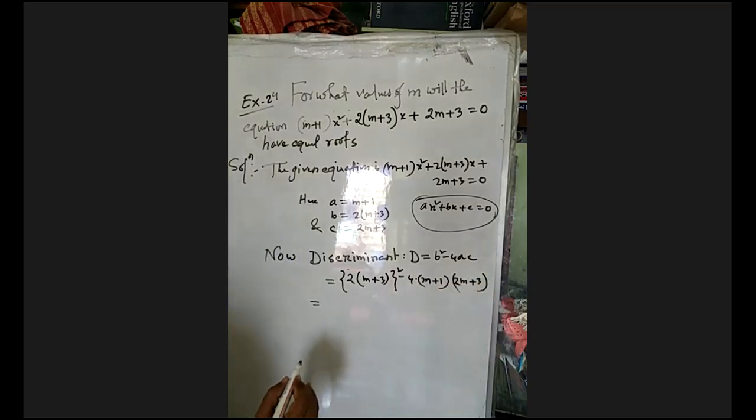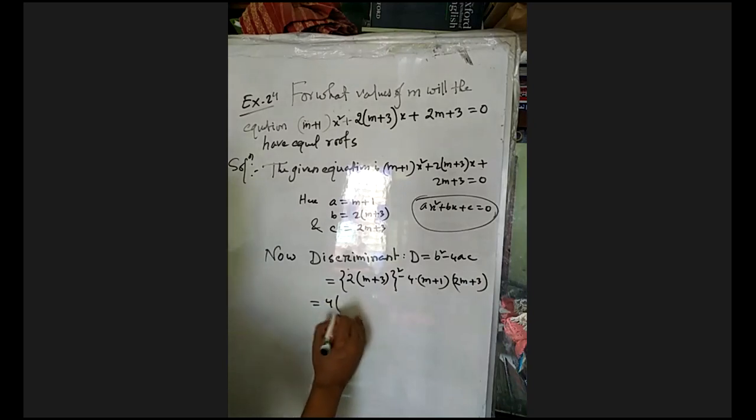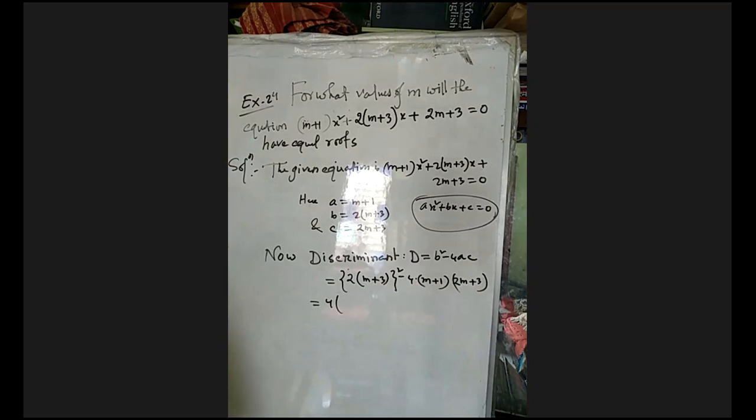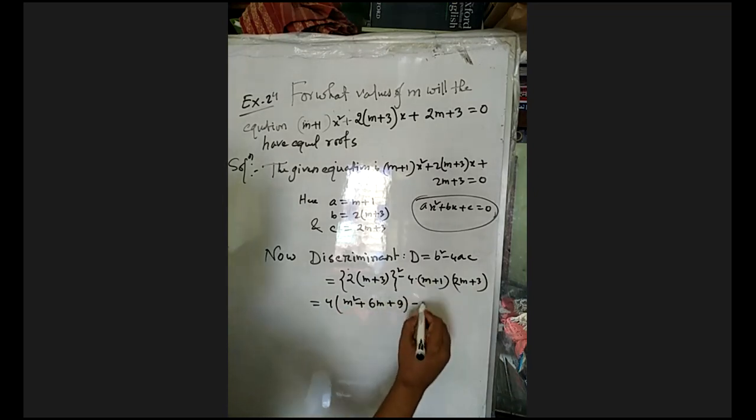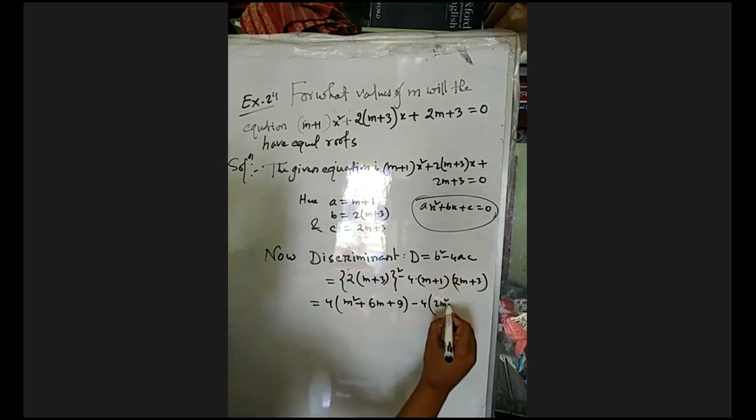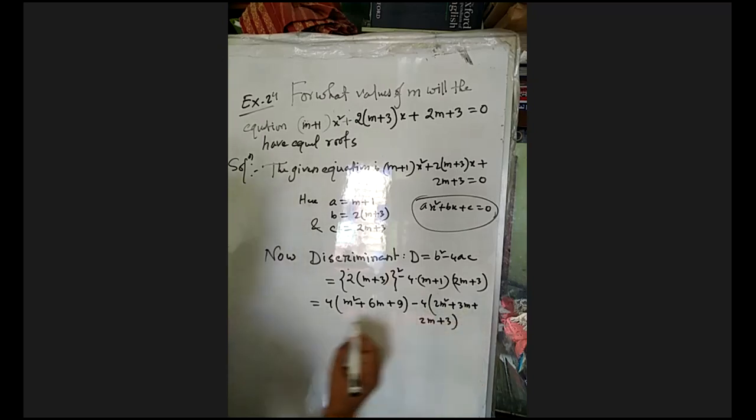Now after simplifying this, we can write: (m + 3) whole square means the (a + b) whole square formula, m² + 6m + 9. Now multiplying with this, what will be 2m² + 5m + 3, times 2(m + 3). This will be the discriminant.